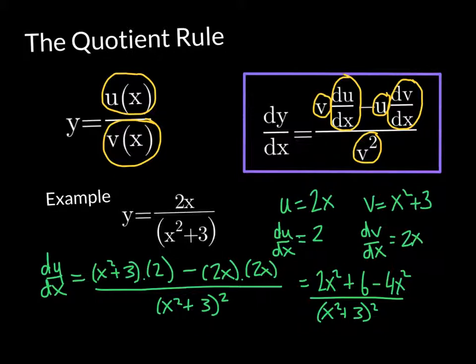So our final answer for this example is the 2x squared minus the 4x squared becomes minus 2x squared, so we can write 6 minus 2x squared. That's all divided through by x squared plus 3 all squared, and that is our final answer for that problem.